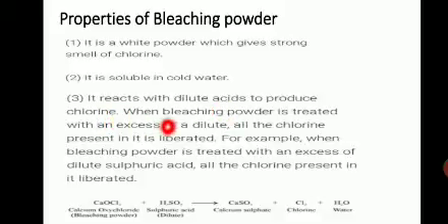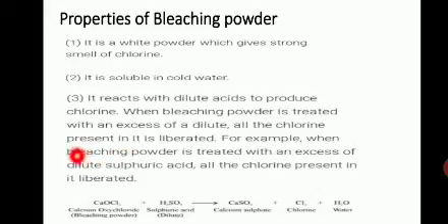When bleaching powder is treated with an excess of dilute acid, all the chlorine present in it is liberated, and the remaining products are calcium sulfate and water.